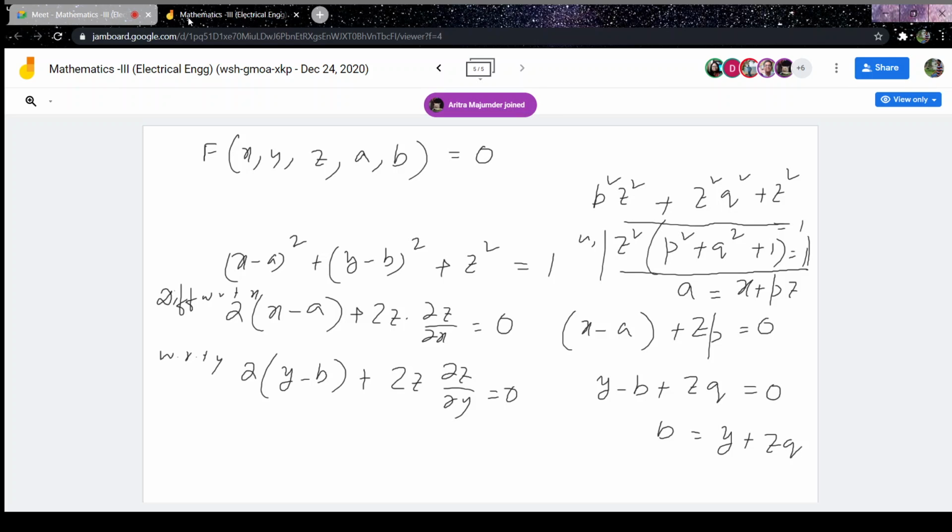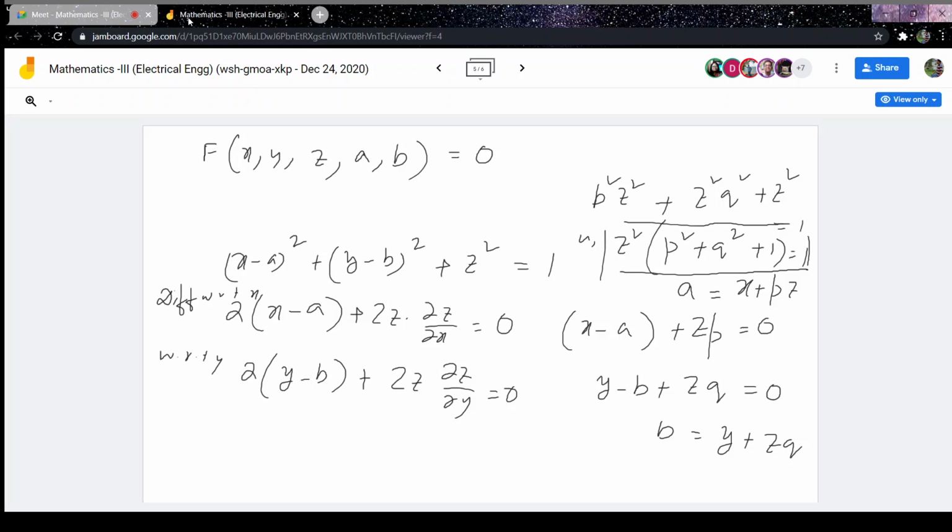Now another is eliminating arbitrary functions. Suppose I have an arbitrary function related with u and v.